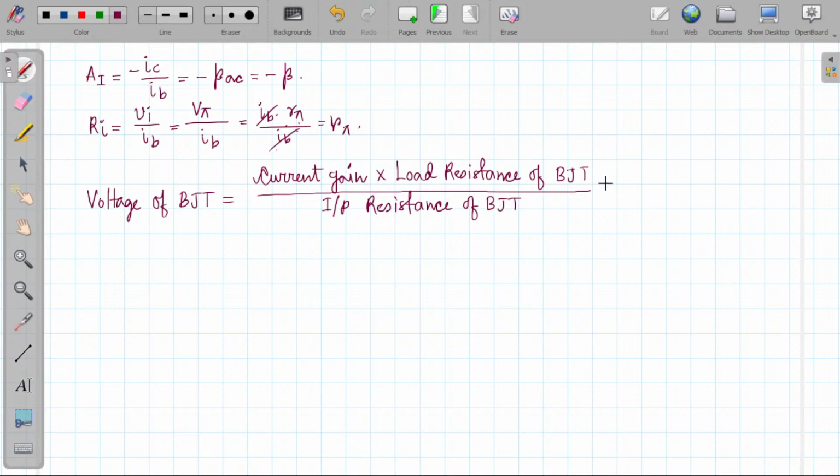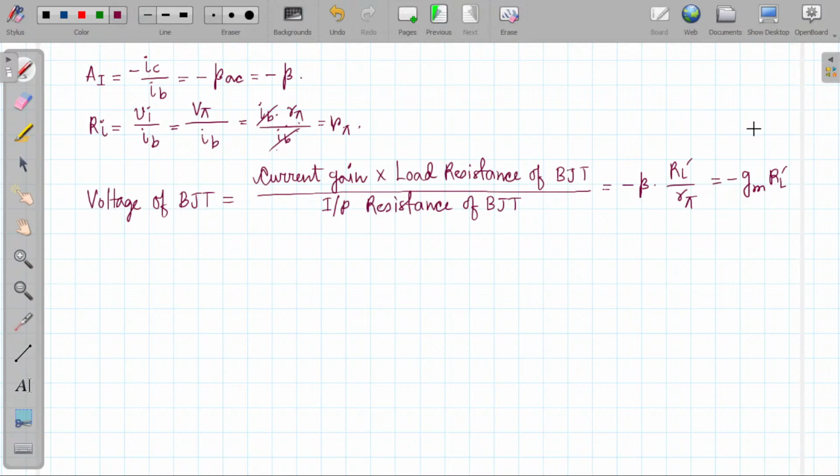Hopefully you remember this formula. This is always used in the case of the bipolar junction transistor, that is beta RL dash over R pi, and this will be nothing but, as we have already denoted, minus gm into RL dash. So this is how we can calculate the value of the voltage gain.